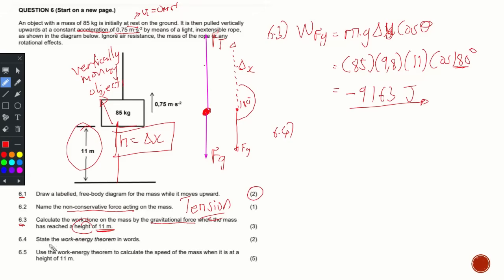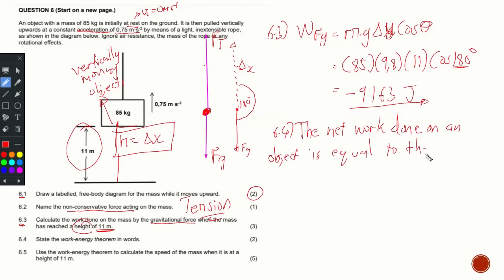Then state the work energy theorem in words. The net work done on an object is equal to the object's change in kinetic energy.